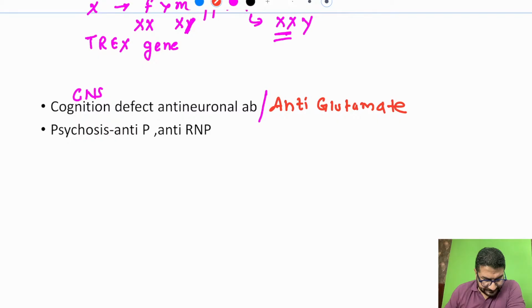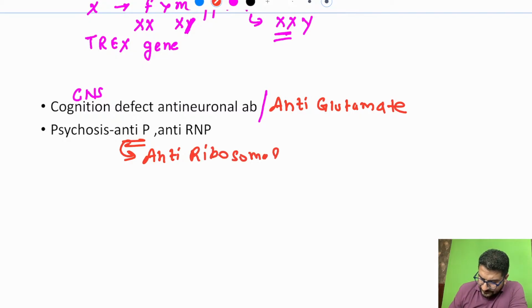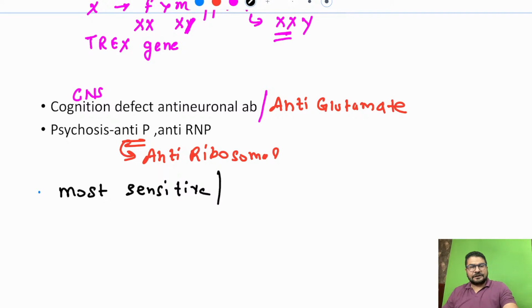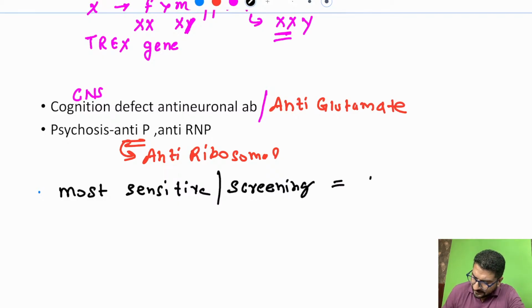Anti-glutamate antibody, right? And the psychotic symptoms are due to anti-ribosomal P antibody. The full name is anti-ribosomal P antibody, also called anti-P antibody. If I ask you what is the most sensitive antibody in SLE, the antibody that we use for screening purpose is your ANA.